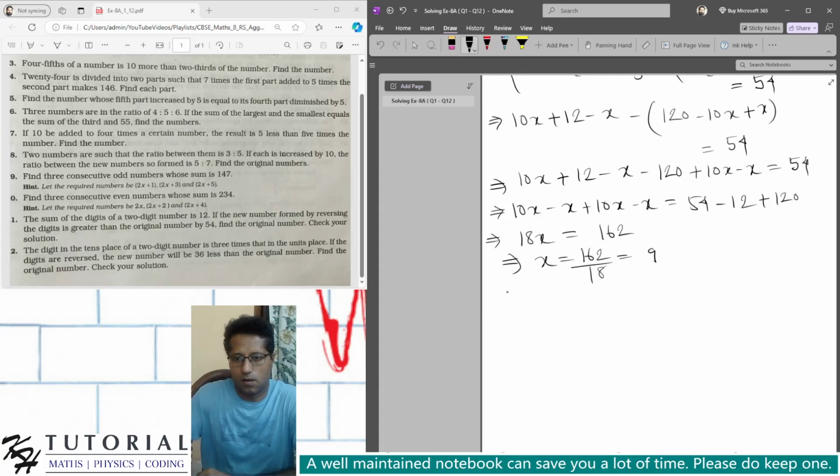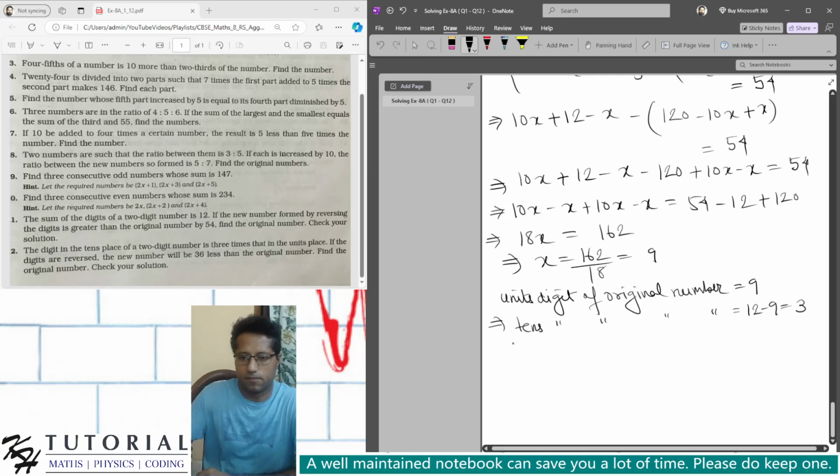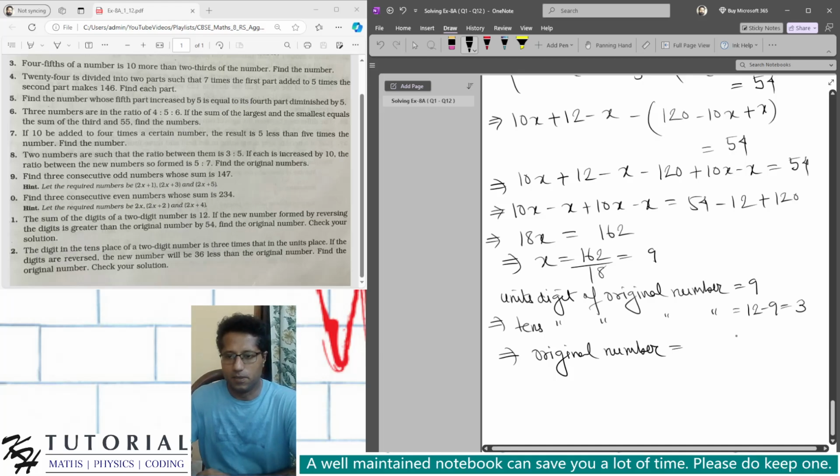So the units digit of the original number is equal to 9. This implies the tens digit of the original number is equal to 12 minus 9, that is 3. So this implies the original number is equal to 39. Find the original number. So 39 is the original number.